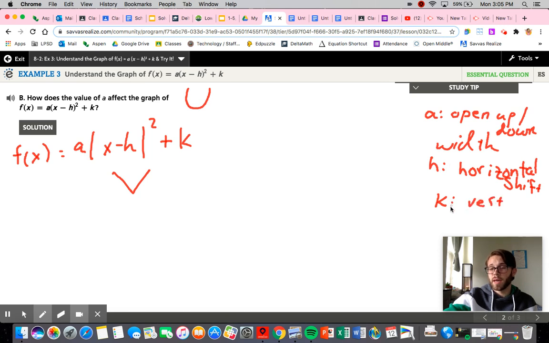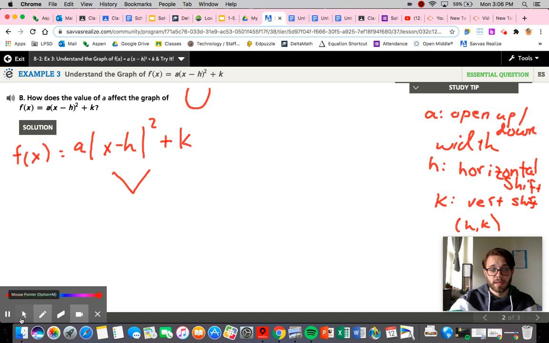And then H and K is still going to be the vertex. So then we would have H, K as my vertex. And we still need to be careful because in this one, it's still minus H. So if you get like +2, that's actually negative, right? So you need to be careful with that still.